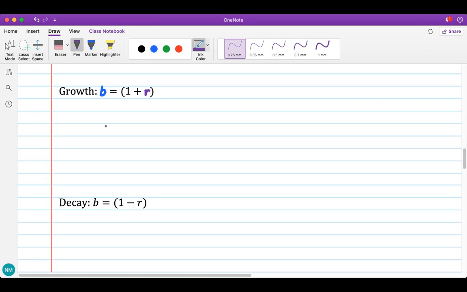Okay. So the reason it's 1 plus R, whatever R is, let's forget about what R is for a second, is that in order for B to be growth, it needs to be greater than 1. So for growth, it needs to be 1 plus R. Now, what is R? Great question. R is the growth rate. It is a percentage as a decimal.